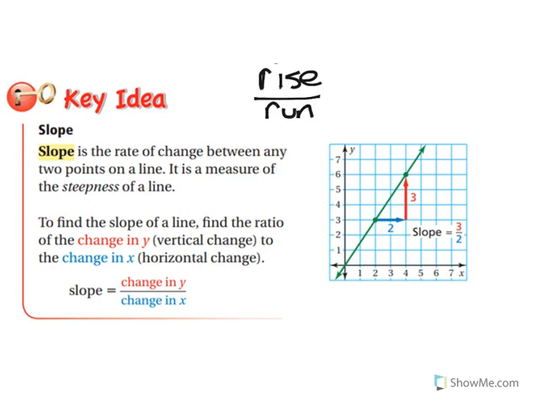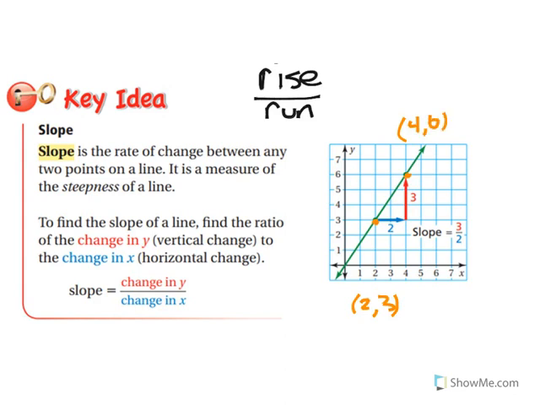We have 2 points. We'll say we have a point right here, which is 2, 3. And then we have a point right here, and this point is 4, 6.